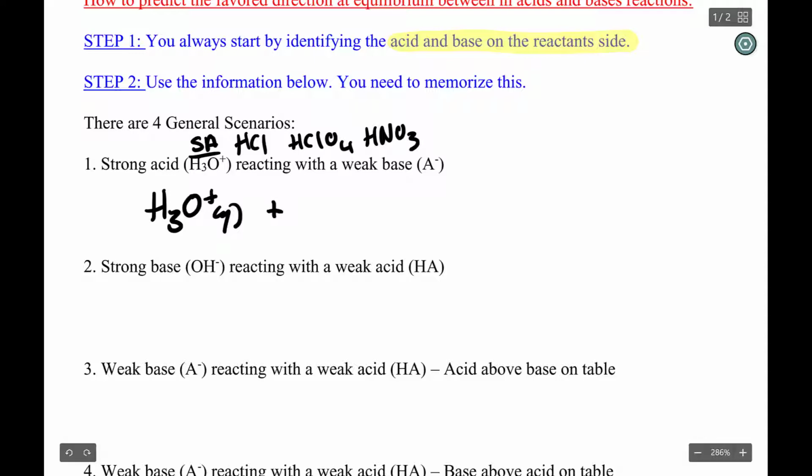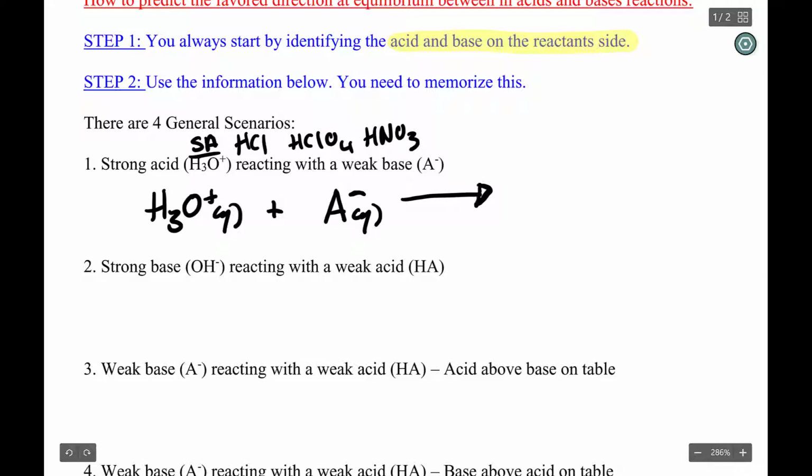If any strong acid reacts with any weak base, and I'm going to use A- as my example of a weak monoprotic base, these reactions will always favor the products.